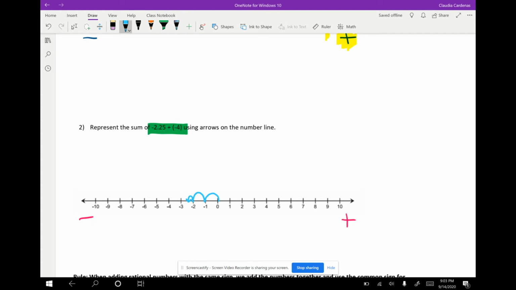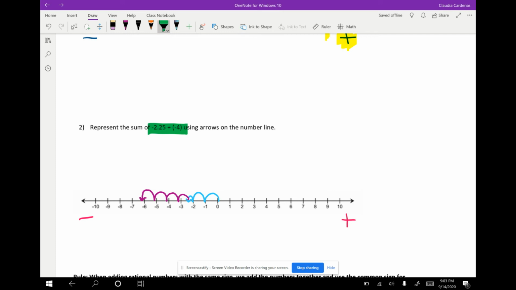And now that we have the negative 2.25 on our number line, we need to add negative 4. Well, what direction are we moving since this number is also a negative? We are going to continue to move in the negative direction 4 more spaces. So let's pick a different color. And 4 whole spaces, so 1, 2, 3, 4. All right.